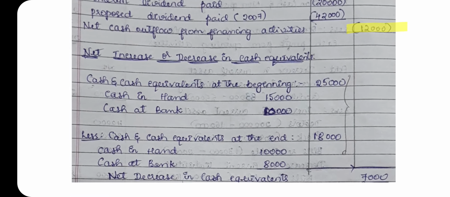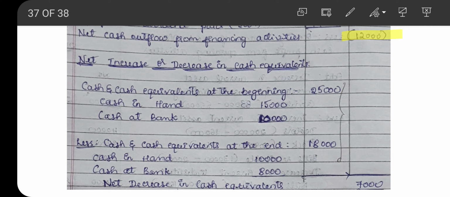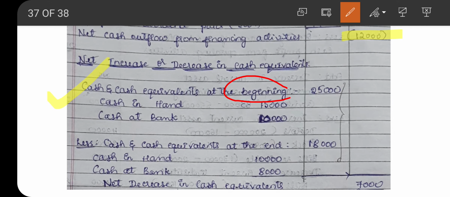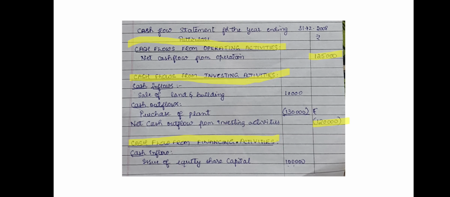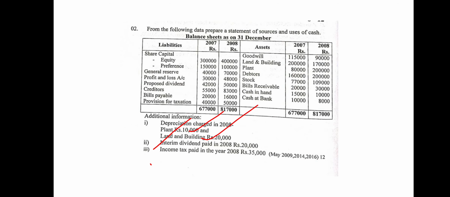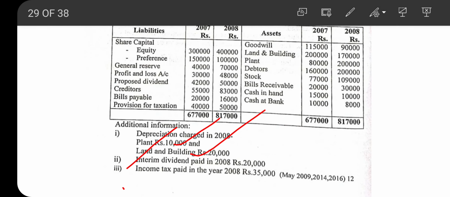Net increase or decrease in cash equivalents. For this, we need to consider cash and cash equivalents at the beginning less cash and cash equivalents at the end. At the beginning means we need to consider the year 2007.